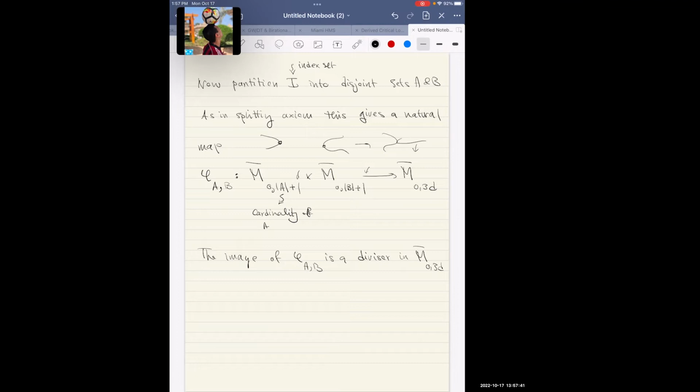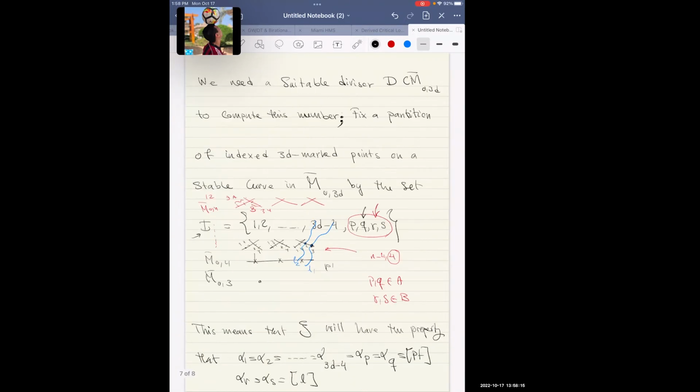Okay, furthermore, the fundamental linear equivalence of divisors tells us that, well, if you remember, as points in P1, these 3 points are linearly equivalent.